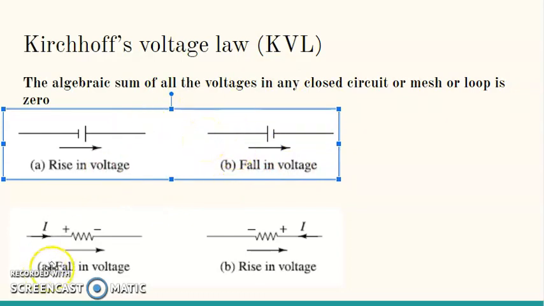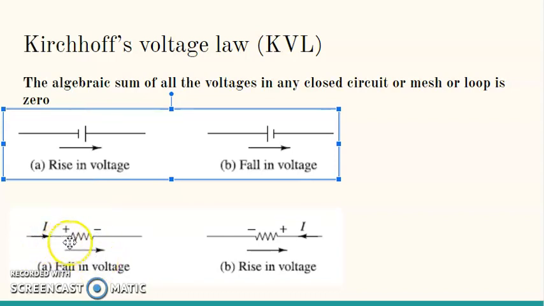Now this was related to the voltages of the voltage source. We know that a resistor element also has a voltage drop across it. So whenever in that closed path we have a component like a resistor, we have to consider the voltage drop across that component. The voltage drop by Ohm's law is given by I into R. Again, how can we find the sign?